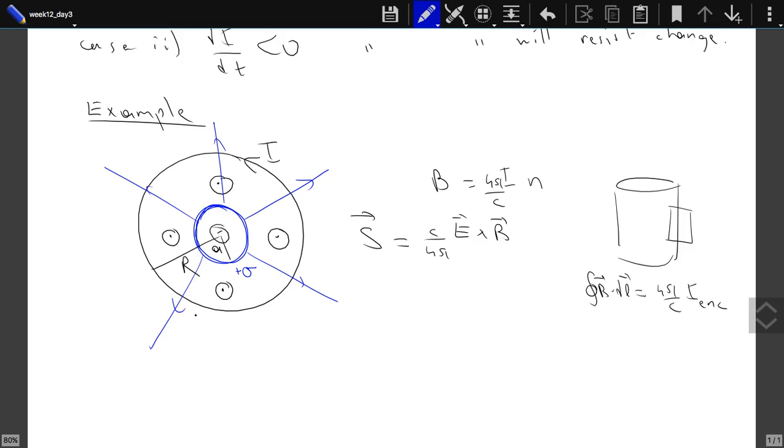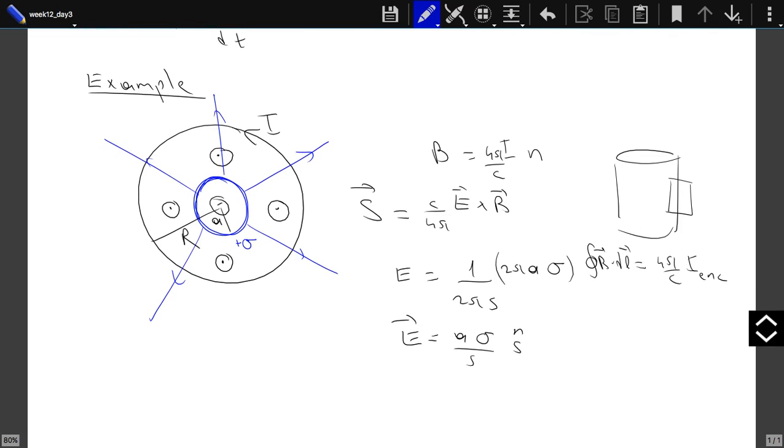And the electric field created by this system had the magnitude, let's say, 1 over 2 pi s, 2 pi s being the distance, and the charge will be 2 pi a sigma. So this would be the electric field: 2 a sigma over s, in the s hat direction.